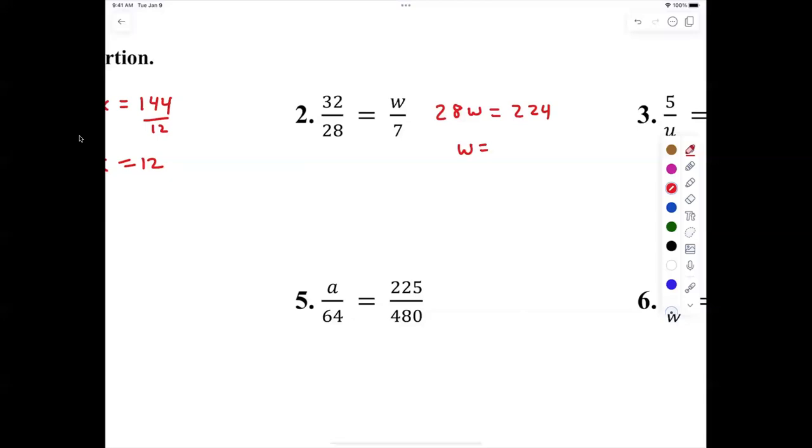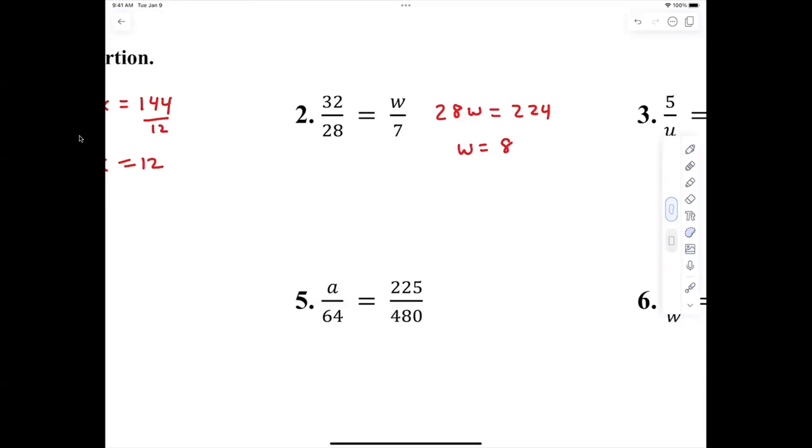Do 32 times 7, and then divide that by 28. What is it? 28? No, it's 8. That's okay. W equals 8.